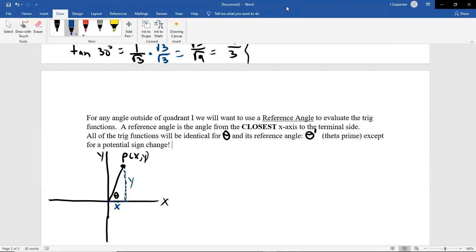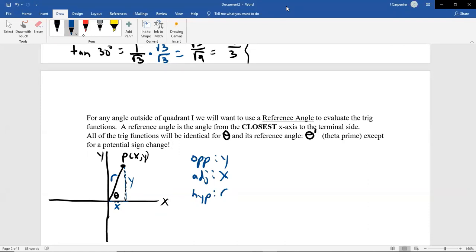So for this angle, the opposite is y, the adjacent is x, and then the hypotenuse, because we're generally going to talk about this thing in relation to a circle, we label as the letter r.